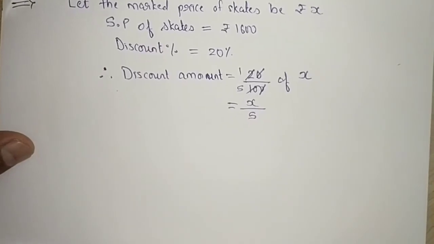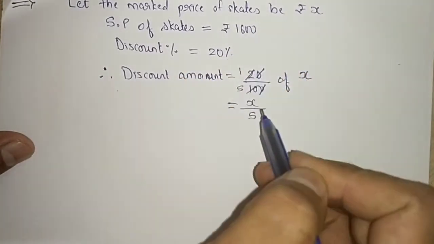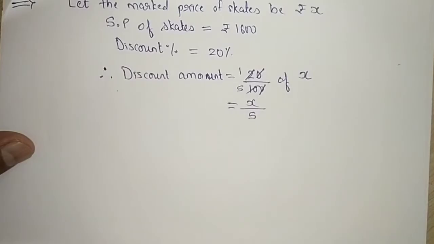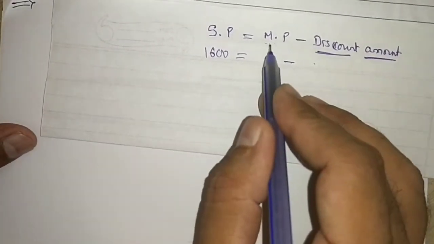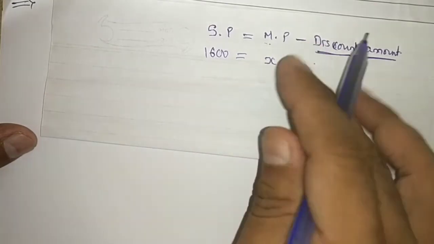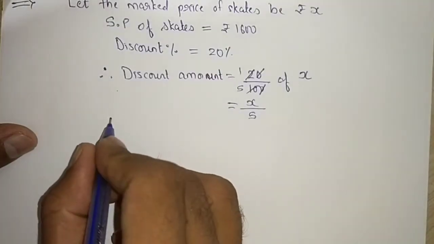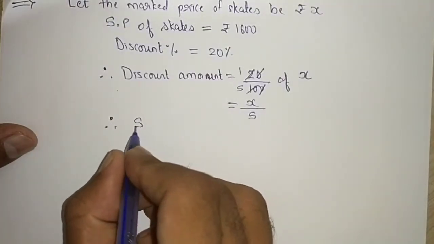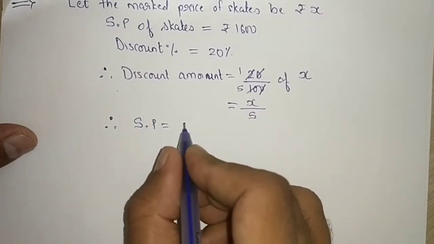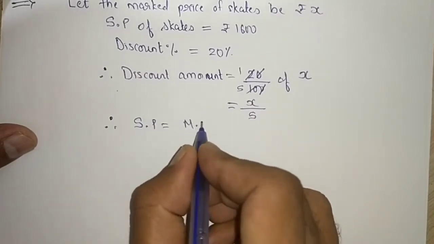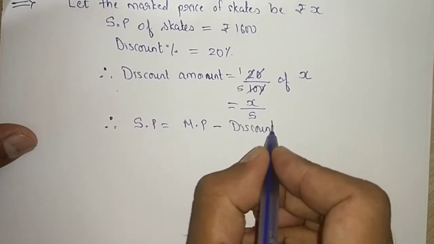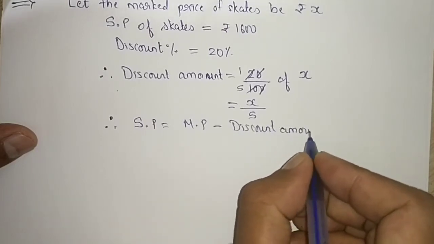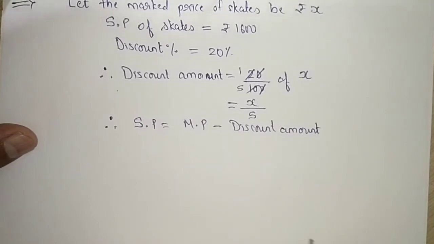Now we will subtract discount amount from marked price, as I have shown, so we will get SP. So I will write: therefore selling price is equal to marked price minus discount amount.